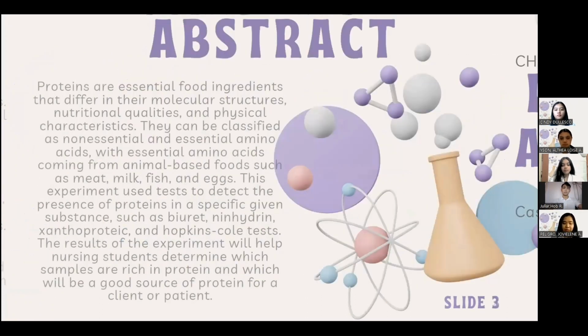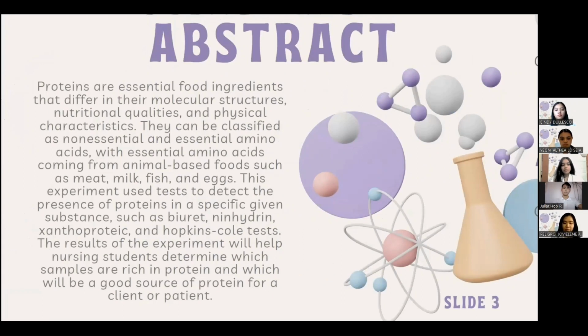So, for the abstract, proteins are an essential component of our life, and each protein contains 20 different types of amino acids with unique structures and quantities. In the experiment that the class has performed, the presence of protein was determined through the colors that appeared when oxidizing agents were added to it, leading the students to the conclusion that ninhydrin and xanthoproteic are strong oxidizing agents in the experiment conducted.